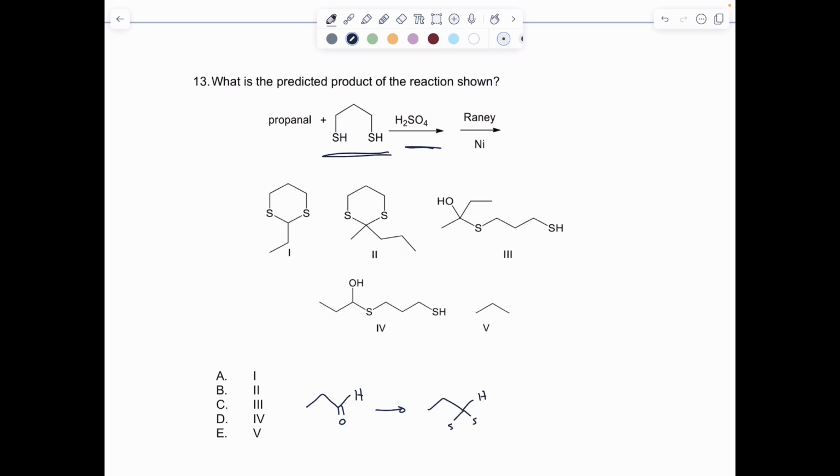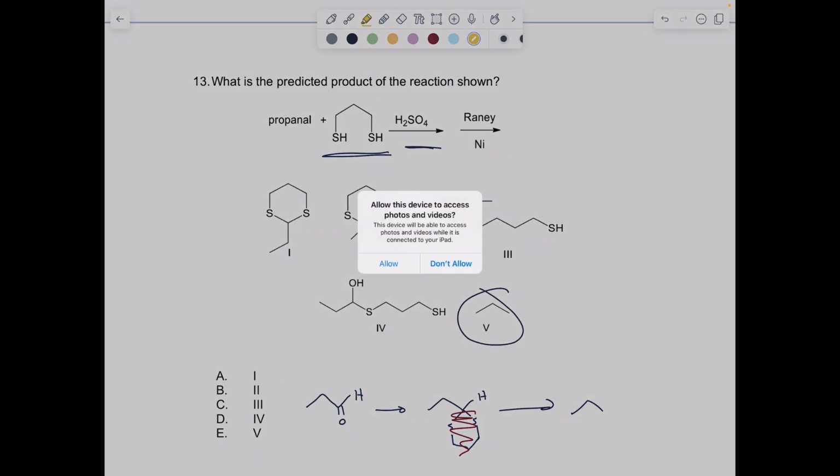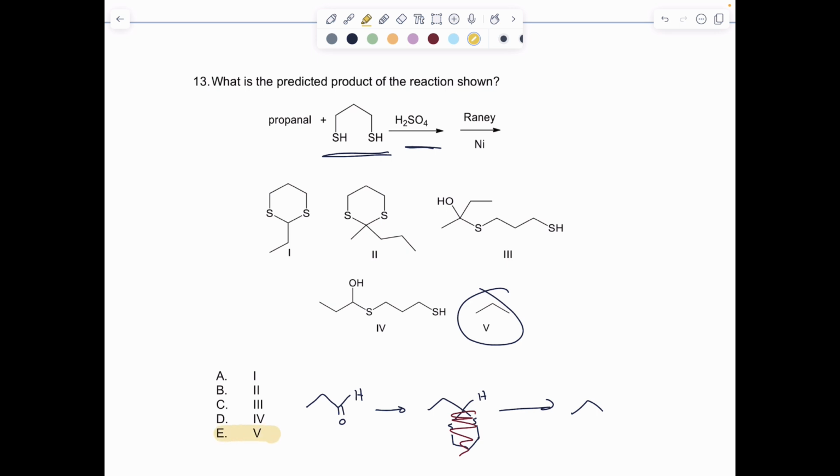So both of the sulfur groups are going to be attached, and then there's 3 carbons connecting them. So like that. And then if we have Raney nickel, it's just going to completely erase this whole complex, and we're going to be left with propane. So looks like option 5 is our correct answer, which is E.